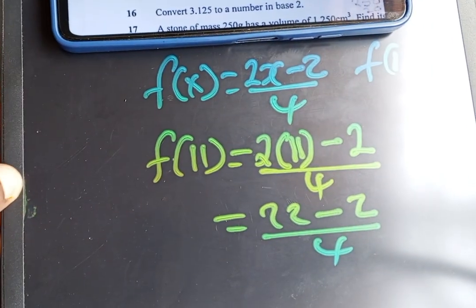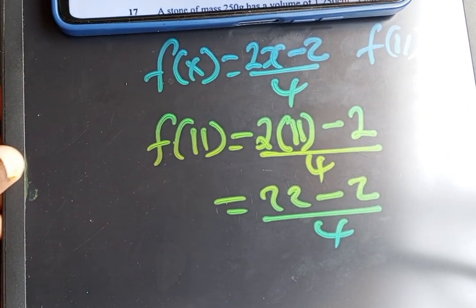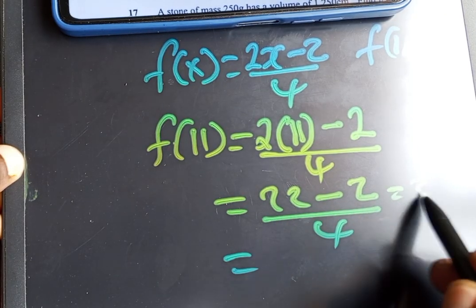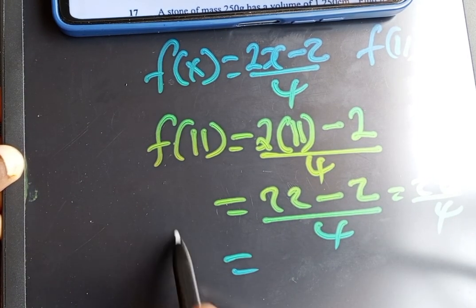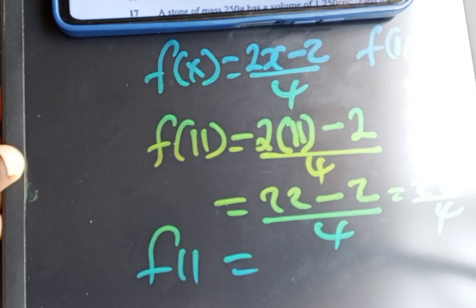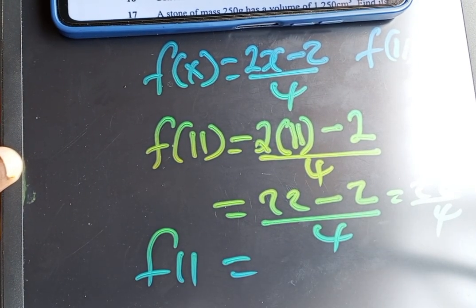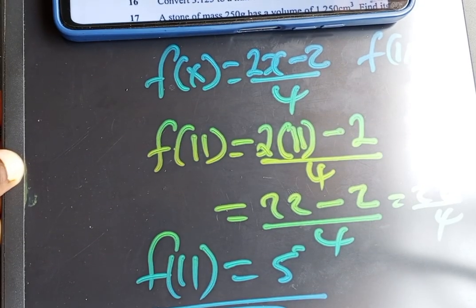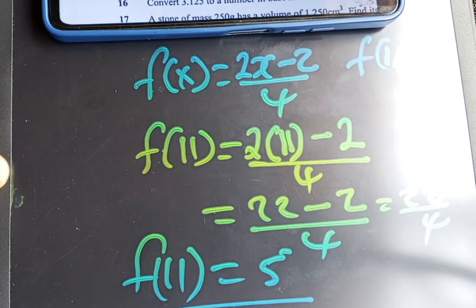Then from here you can get the answer. So what is 22 minus 2? You have 20 over 4. What is f of 11? f of 11 is equal to 20 divided by 4. You have a 5. So f of 11, the answer is 5.